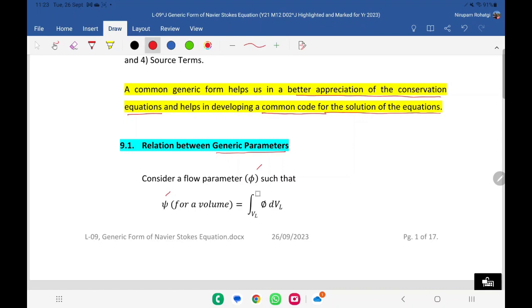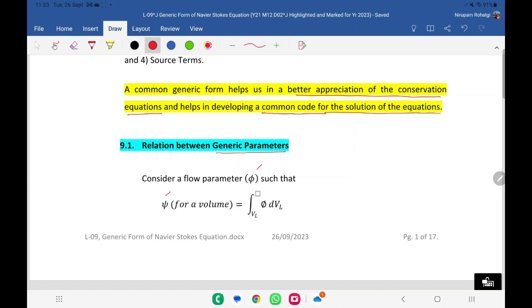In the end we will show that these generic parameters can be replaced by the parameters which are there in the governing equations. What does that mean? That the same generic equation can be written as the momentum equation, mass equation, and energy equation.